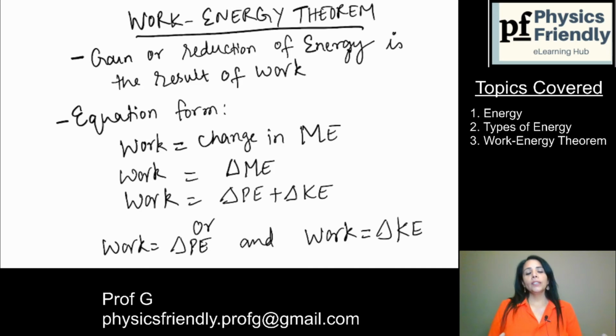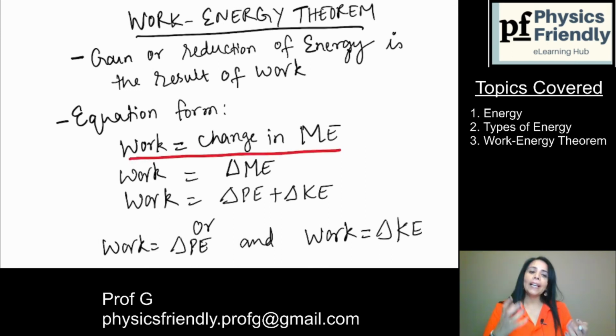So the last concept of this lecture is the work energy theorem, which is very important for us. So what is this? Gain or reduction of energy, or in other words, change in energy. It can increase or decrease, correct? This change in energy is the result of work. So in equation form, we say work equals change in mechanical energy, because we are looking at energy in mechanics.